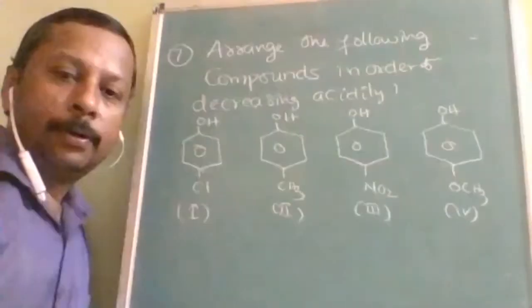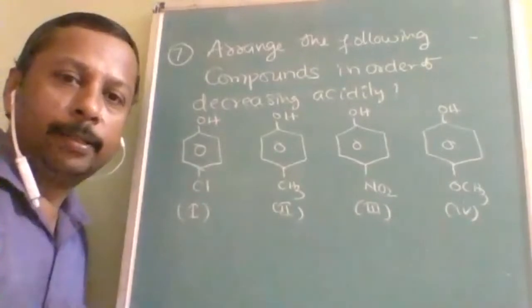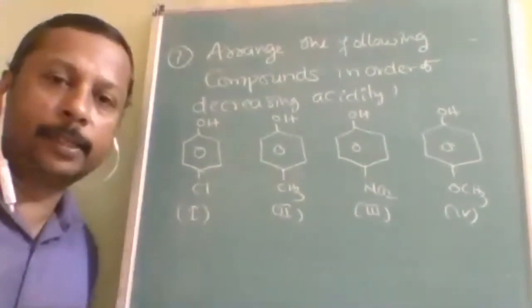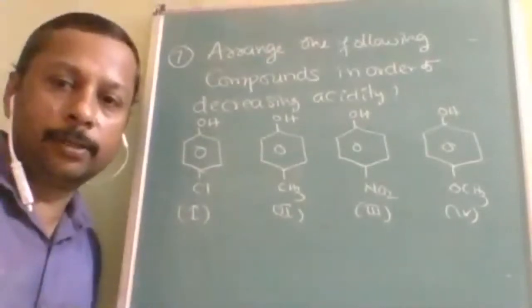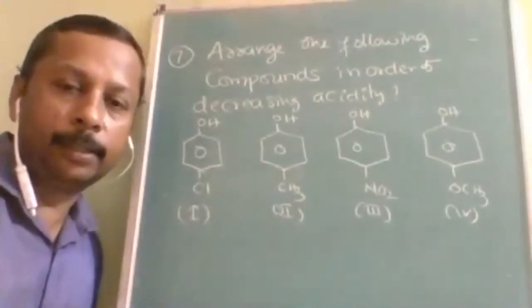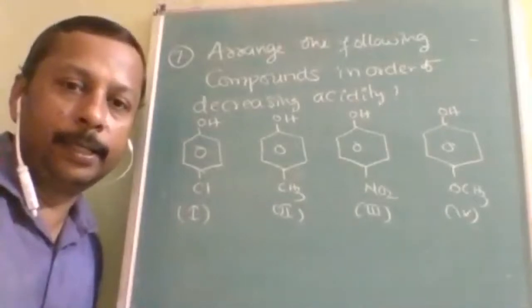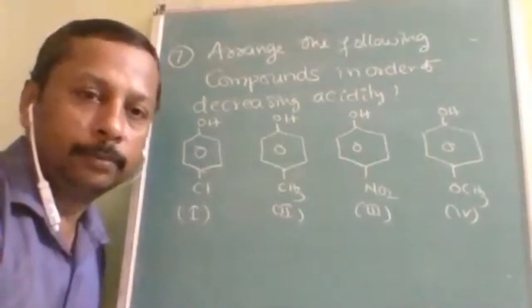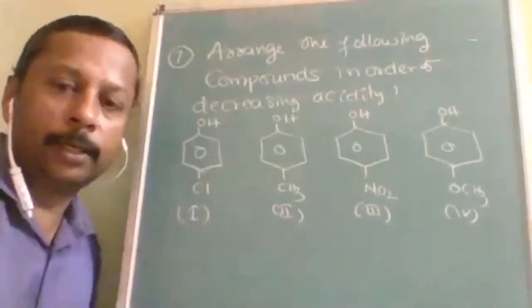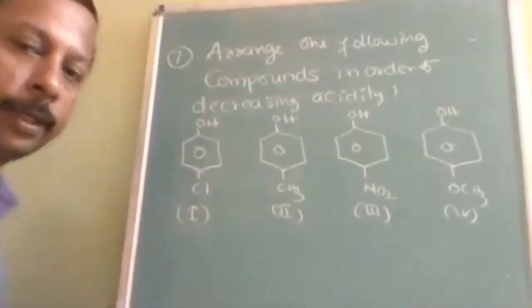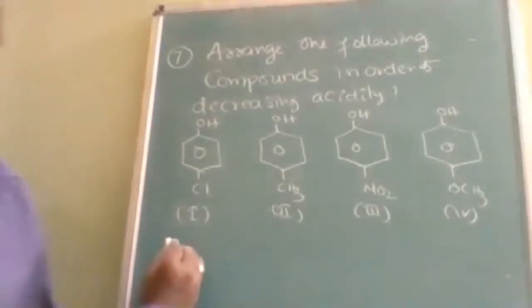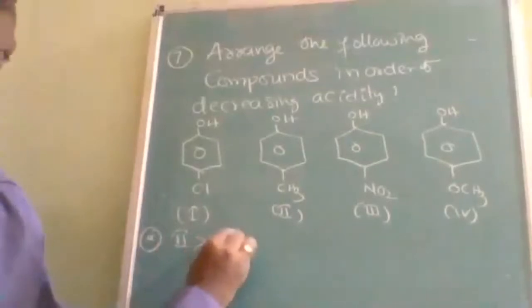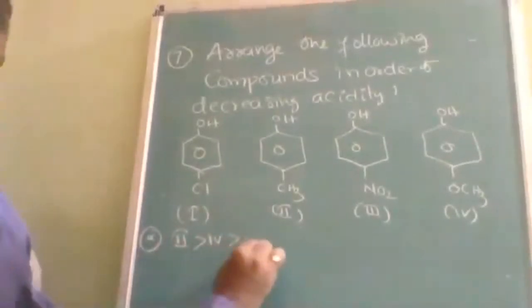Get ready. This is the question: arrange the following compounds in the order of decreasing acidity. Decreasing order. Don't get carried away by the order sign. You can try, or should I give you options also? Okay, I will give you options. Option A, 2 greater than 4 greater than 1 greater than 3.